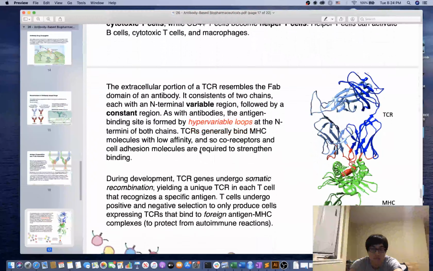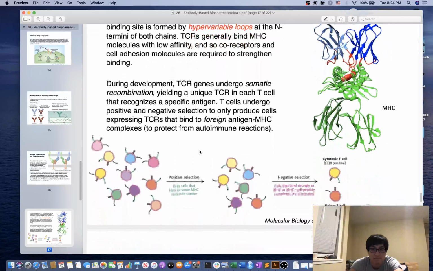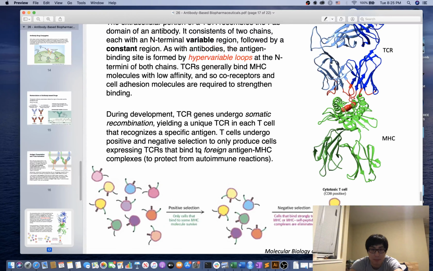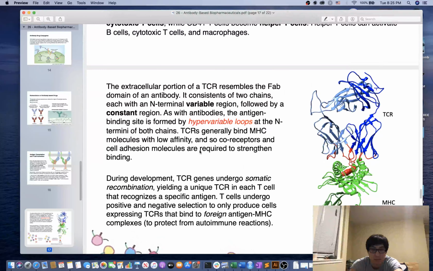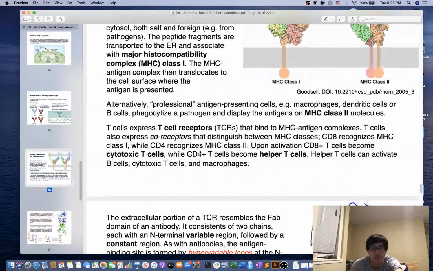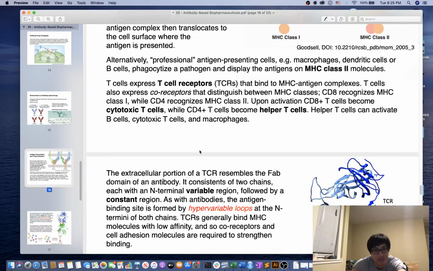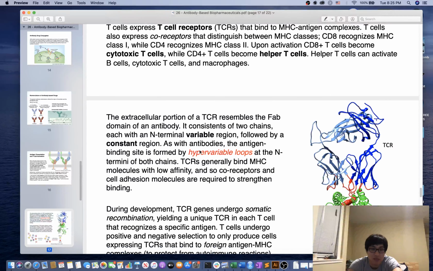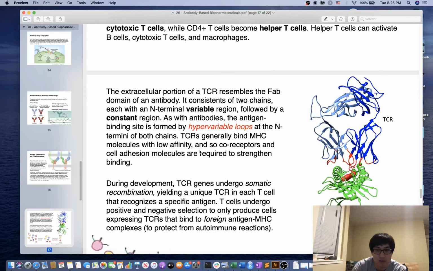The T-cell receptor. You can also regard this as an antibody, but an antibody is the protein that's secreted from the B cell, but here it is something on the T cell.